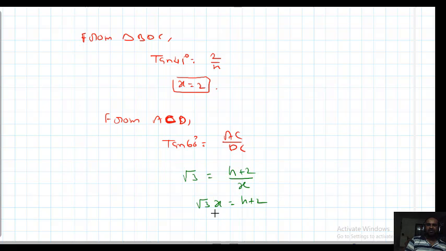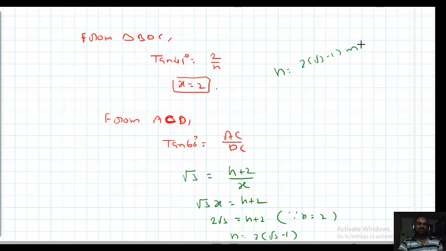Just now we got x is 2, no? 2 root 3 equal to h plus 2. Since x is equal to 2, h equal to 2 times of root 3 minus 1 meter. This is the height of the statue.